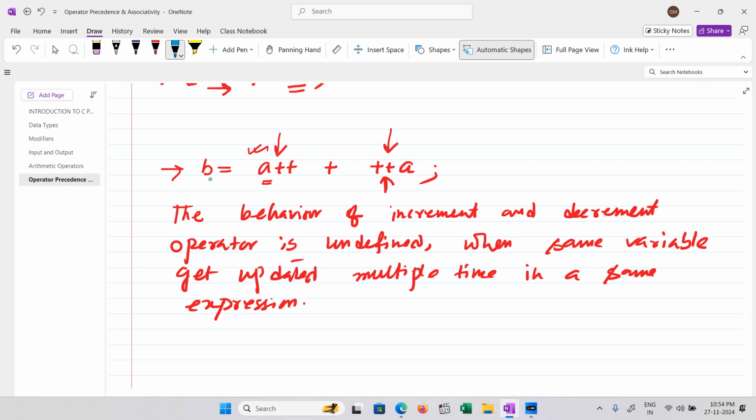The behavior of increment and decrement. Here I am using increment. The same case happens if I write b equal to --a minus a--.